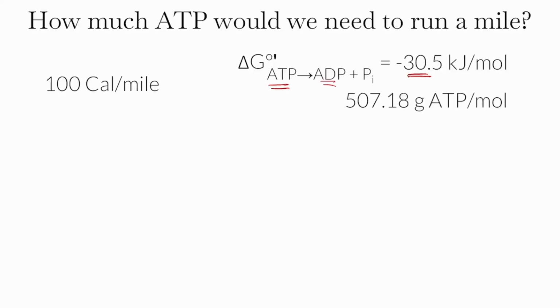In this case, you release 30.5 kilojoules per mole every time you do that reaction. That can make reactions that are thermodynamically unfavorable favorable. So if you can get 30.5 kilojoules per mole out of ATP, and ATP is 507 grams per mole, how much ATP does it take to run a mile?